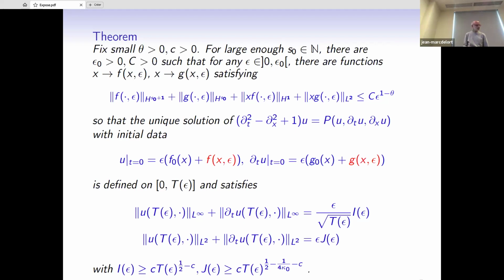Okay. So can you make this epsilon f and epsilon g of a size independent of the epsilon you put in front of f0 and g0? Can you make it different, for example? Oh no, I want f and g to be small perturbations of f0 and g0.